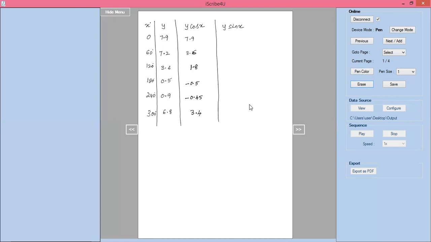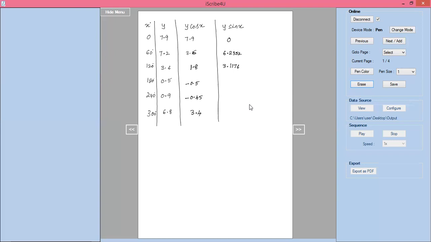Y sin x is 7.9 into sin 0, which is nothing but 0. Next, 7.2 into sin 60 is 6.2352. Next, 3.6 into sin 120 is 3.1176. Next, 0.5 into sin 180 should be 0.